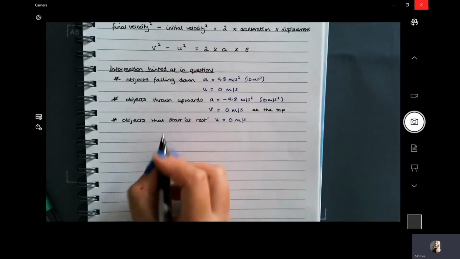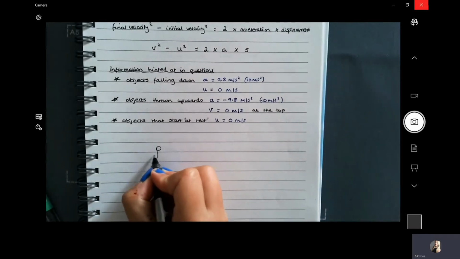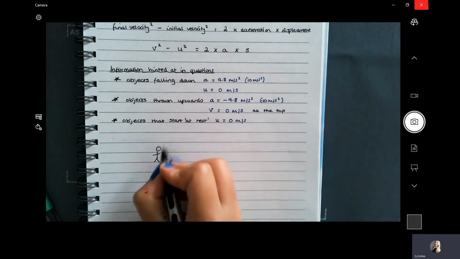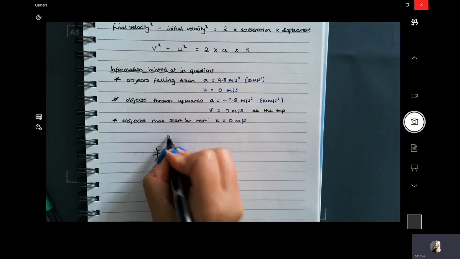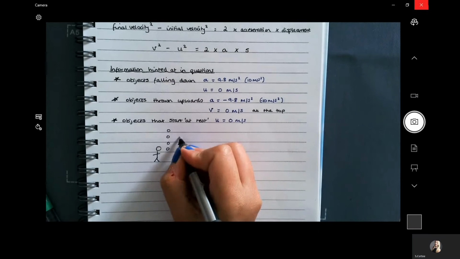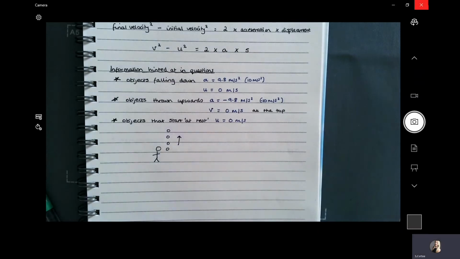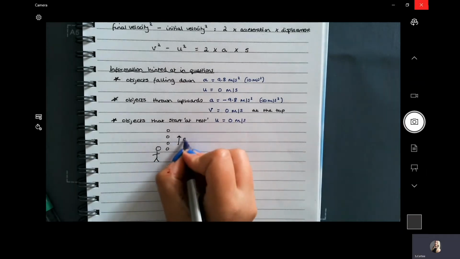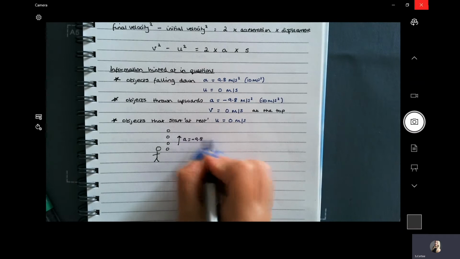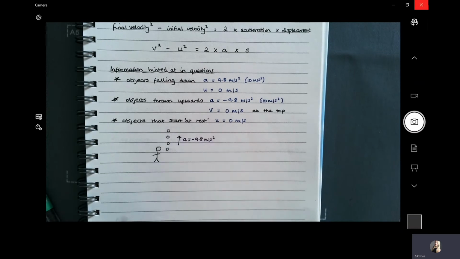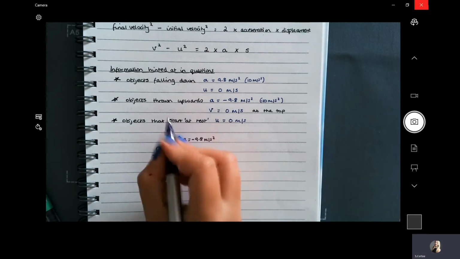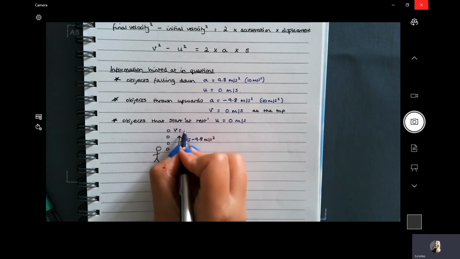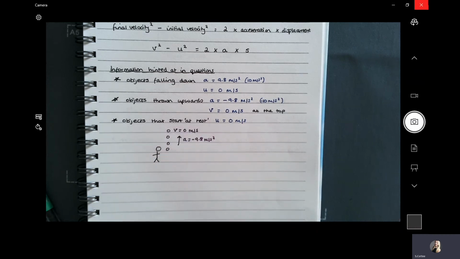So just two little diagrams just to make us really think about these objects being thrown up or falling down. So let's imagine that we throw a ball upwards. We will throw it with a certain speed, which you may have to work out, or you may be told what it is. We know that the acceleration will be minus 9.8 meters per second squared because it's being thrown upwards. And we will know that right at the top of its flight here, it will have a final velocity of 0 meters per second.